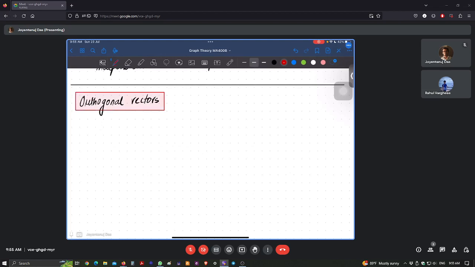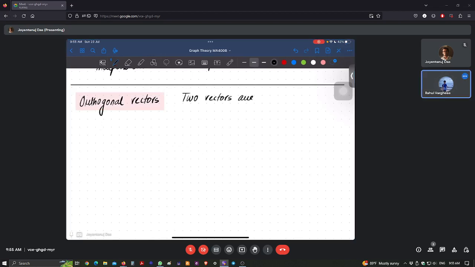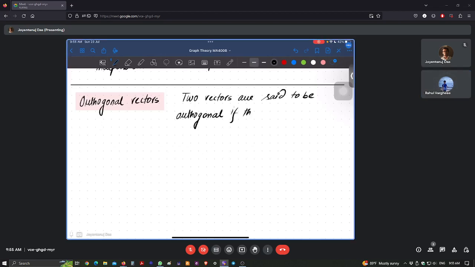So two vectors are said to be orthogonal if their dot product is 0.